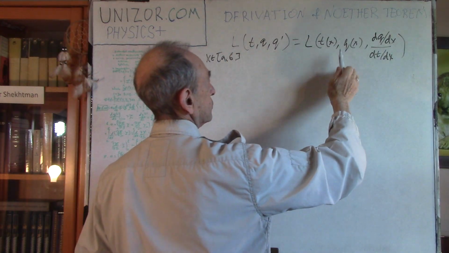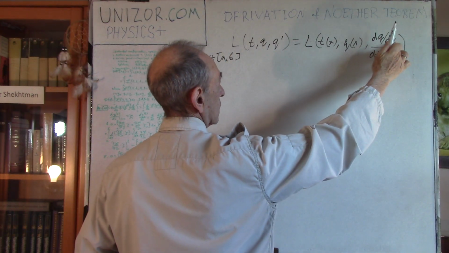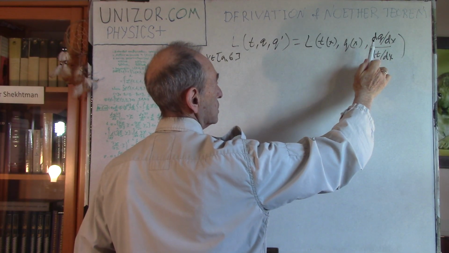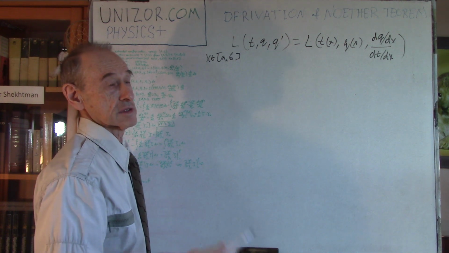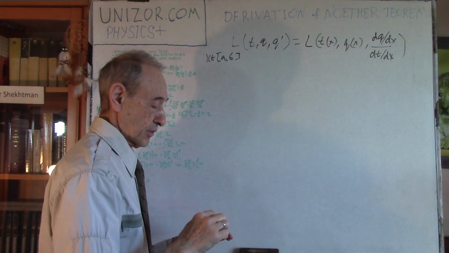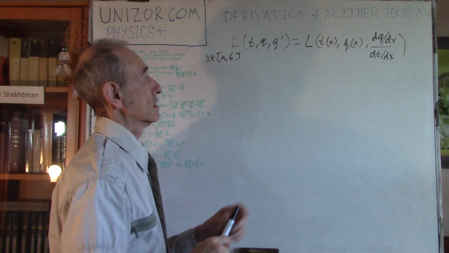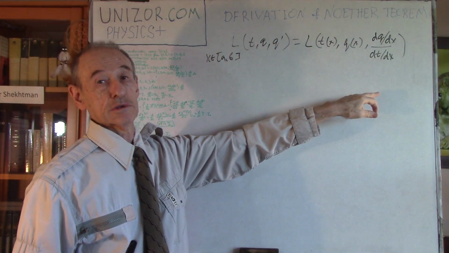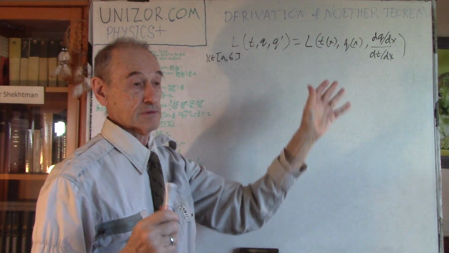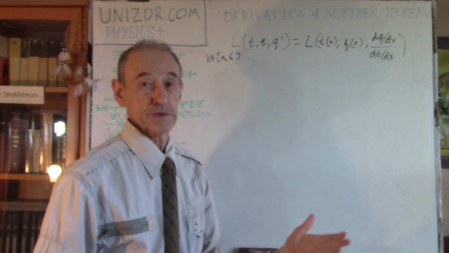So everything is a function of x. That's very important. We have parameterized not only the coordinates, but also the Lagrangian as well. So everything depends on this parameter. It's very important, and it simplifies the whole thing.